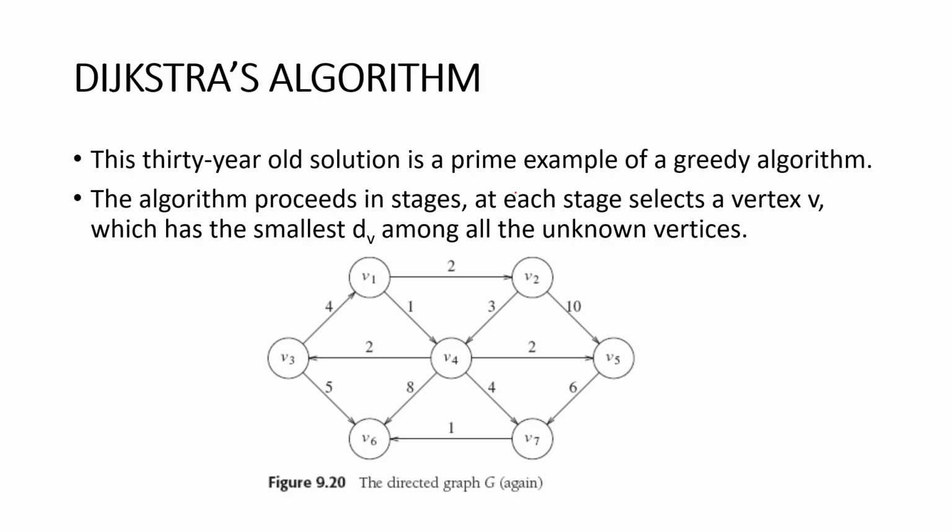The Dijkstra algorithm is a very old solution, like a 30-year-old solution, and it was a prime example of a greedy algorithm, because at every stage it selects the smallest distance vertex among all the unknown vertices. You start from any vertex, you find all the edges, and then you pick the one with the smallest edge.